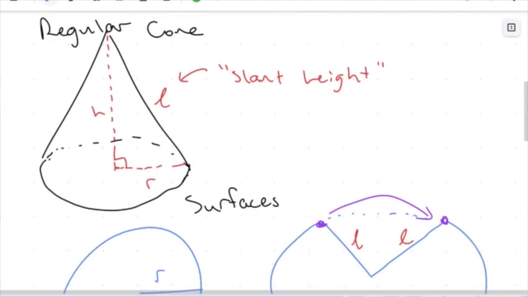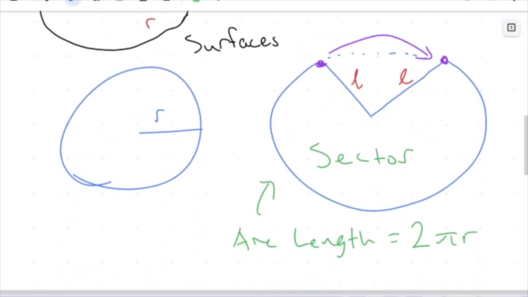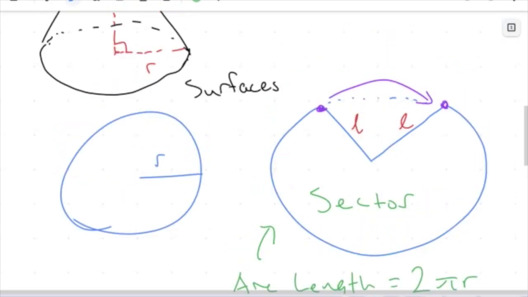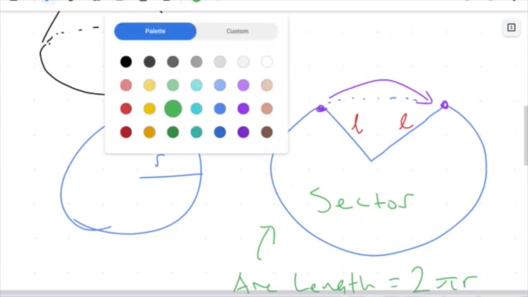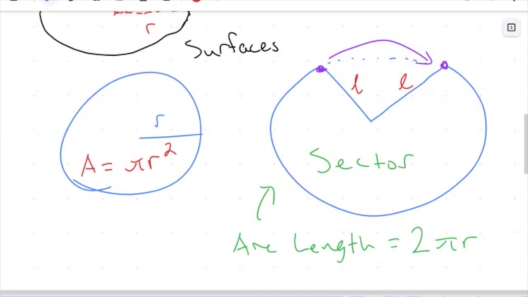Okay, so now that we have our two shapes that make up our regular cone, we need to have a think about how we can even make a formula here. I already know what part of my surface is going to be. I just need the surface area of my base. That's pretty easy. The surface area of my base is pi r squared. But I need to find the area of my sector, which I don't know yet.